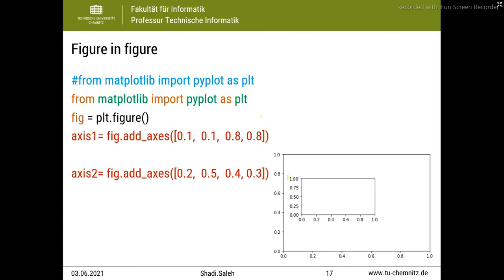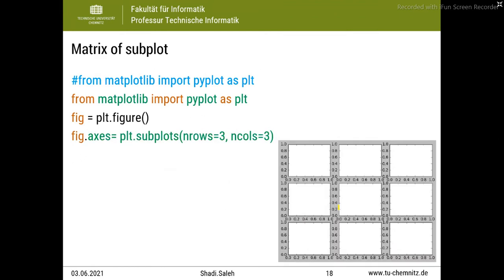So if that is 0.1, 0.1, 0.8, 0.8, and then if I want to plot another in it, I need to define some values. What would be the size of that? Like as you can see here, these are the specific values for the length and width of that. So we can define a graph within a graph.